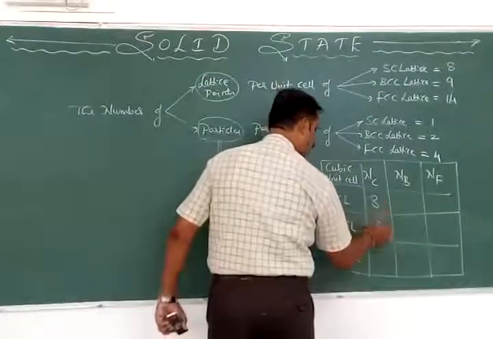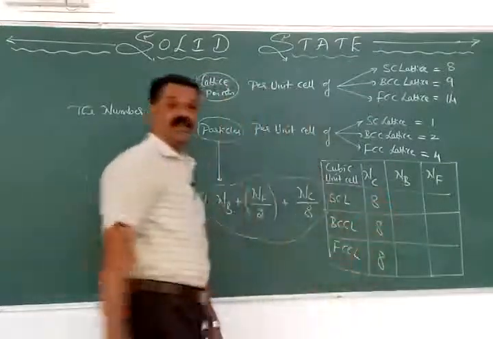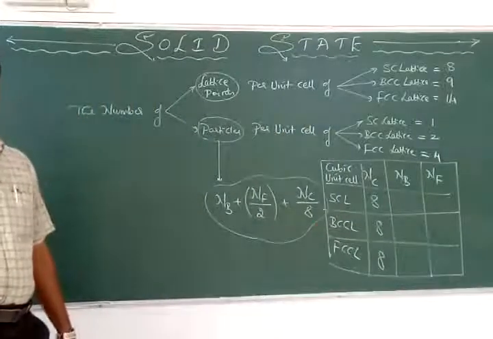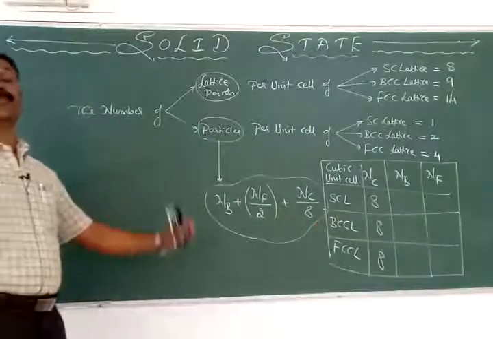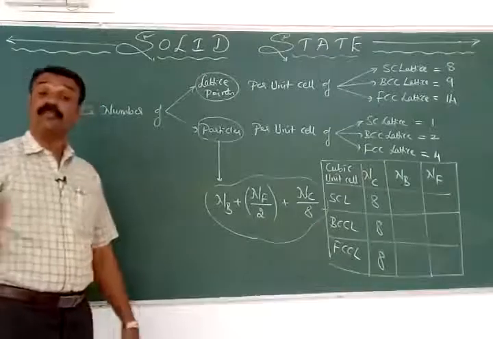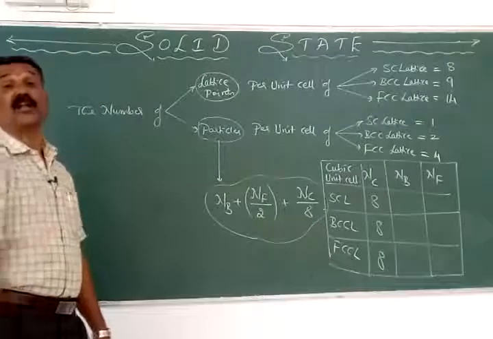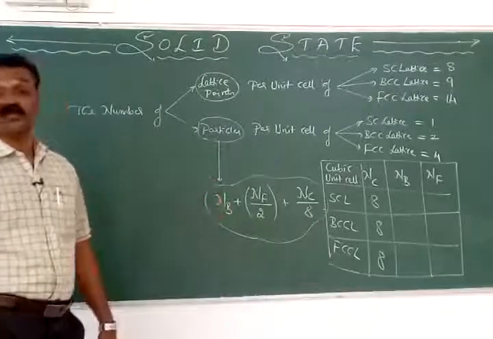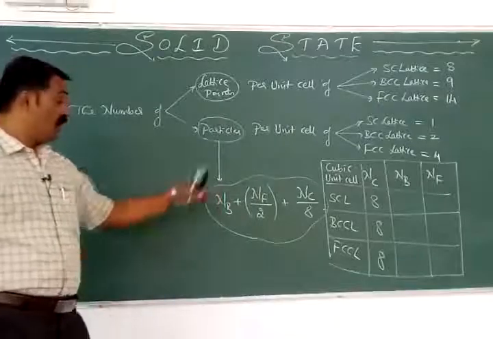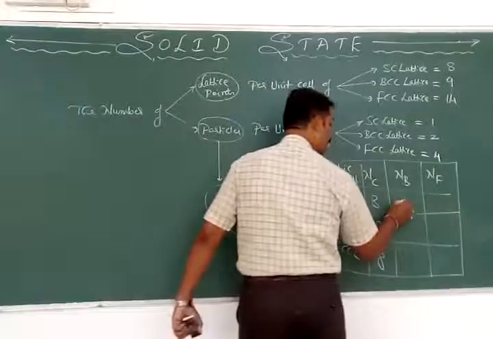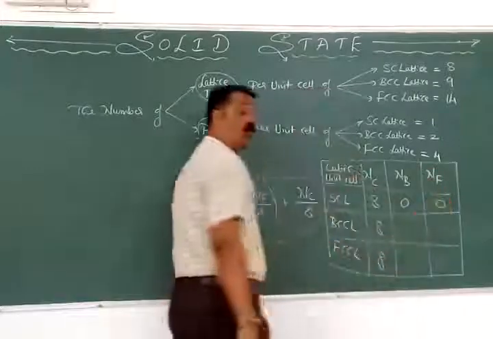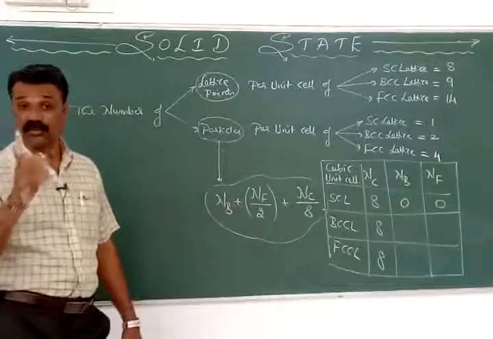In all the cases, first you have to remember that NC is equal to 8. Because each cubic unit cell is first comprised of 8 lattice points which are strictly at the corners. Means in all the cases, NC is 8. And in case of this one, NB and NF are 0 and 0 here. Why? Because no body centered and no face centered with respect to simple cubic lattice.